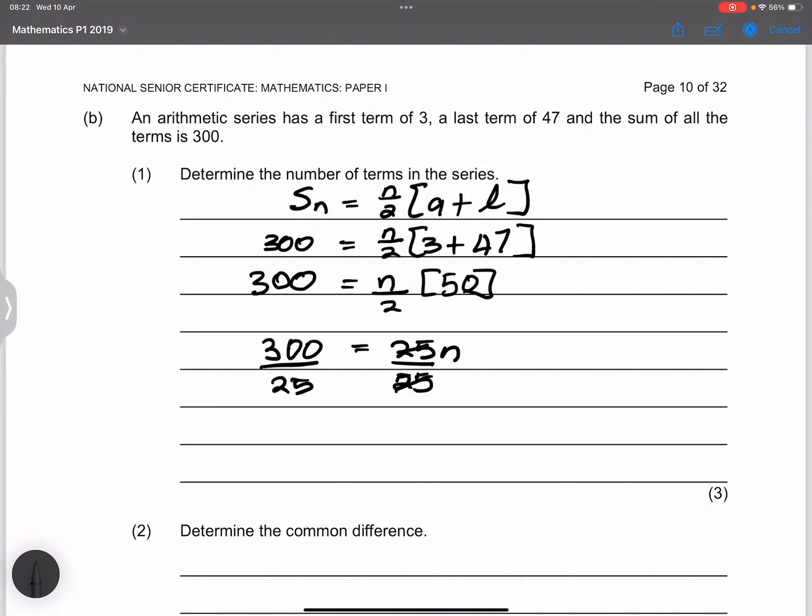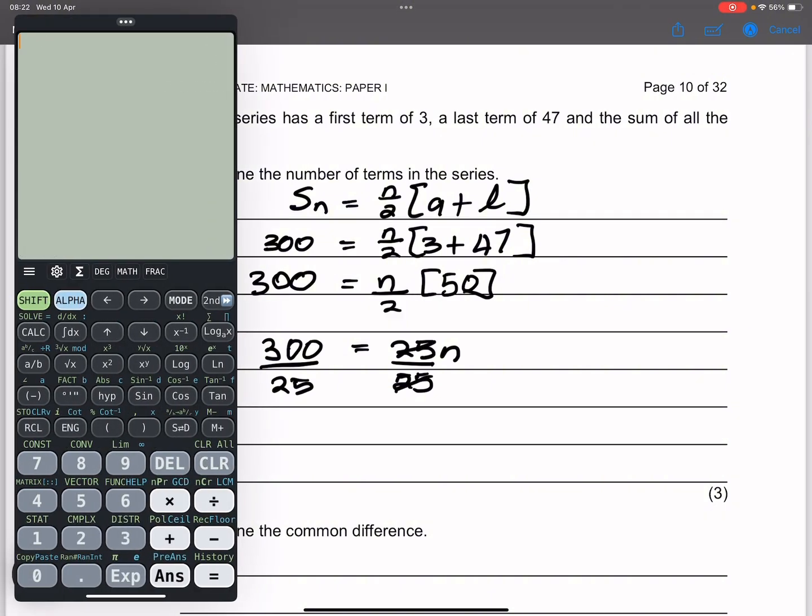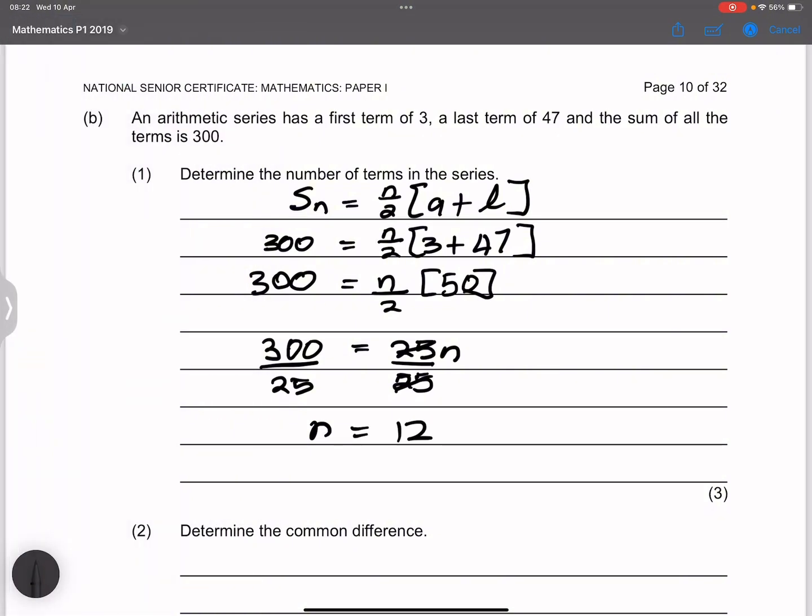I think that will give us 8. So that's 300 divided by 25. Well, actually, that's 12. My mental calculation was incorrect. So that's 12, which means that's the number of terms.